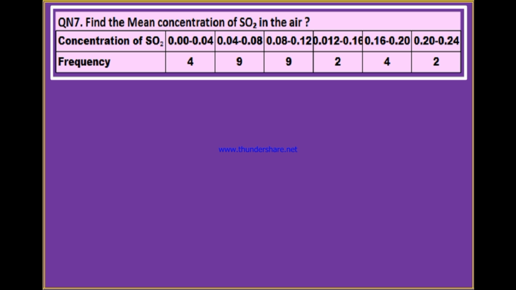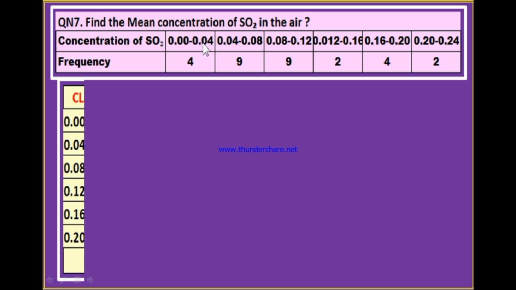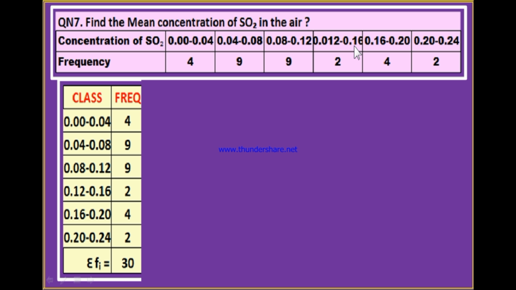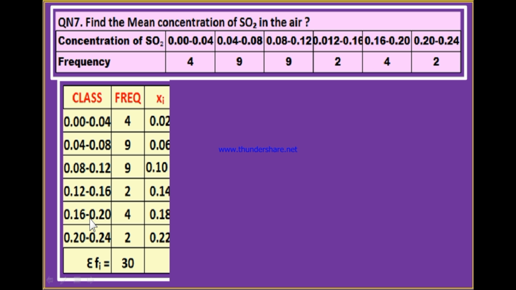In order to solve this question, first of all, we will consider the concentrations of SO2, the first row, as classes, and the other values as frequencies. Let us form a table by taking 0.00 to 0.04 as the first class, 0.04 to 0.08 as the second class, 0.08 to 0.12 as the third class, 0.12 to 0.16 as the next class, 0.16 to 0.20 as the second last class, and 0.20 to 0.24.